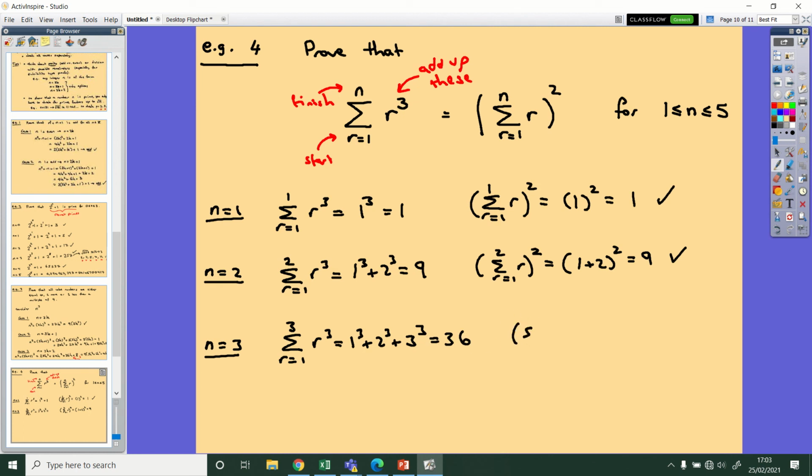On the right side, you've got the sum from 1 to 3 of r, all squared. That's 1 plus 2 plus 3, all squared. 1 plus 2 plus 3 is 6. Square it, you also get 36. Okay, so I'll leave the rest for an exercise. We've proved it up until there, but you do the last 2 just to finish it off.